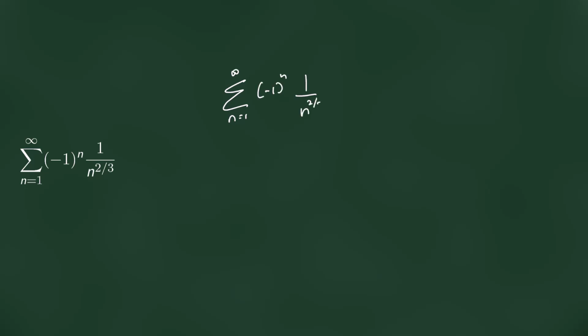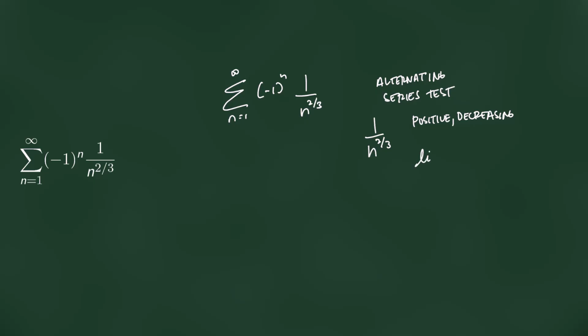And so we have to remember that we have the alternating series test, which tells us that as long as this term, 1 over n to the 2/3, is positive and decreasing, which it is, as n gets larger, that's certainly going to get smaller and it will never be negative.